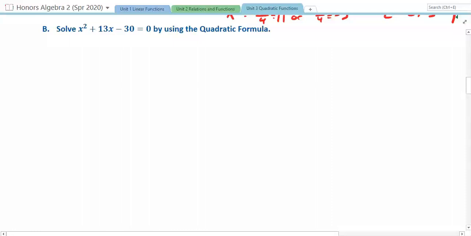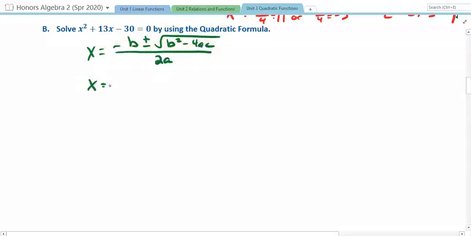And so as we look at x squared plus 13x minus 30, x equals the opposite of b plus or minus the square root of b squared minus 4ac all over 2a. You'll see that I always write out these formulas because we want to plug and substitute everything in appropriately, and this causes fewer issues as you're looking through the formula.